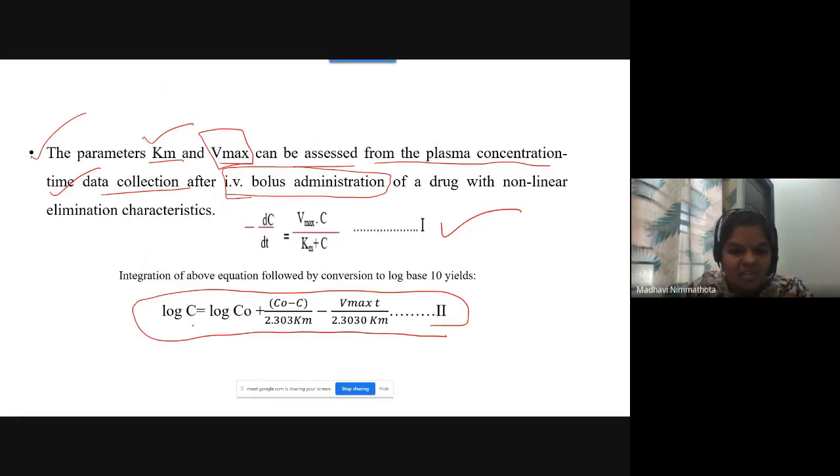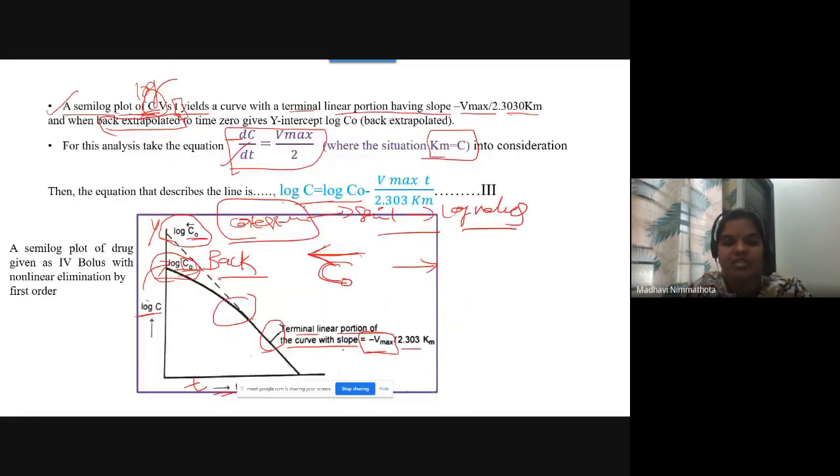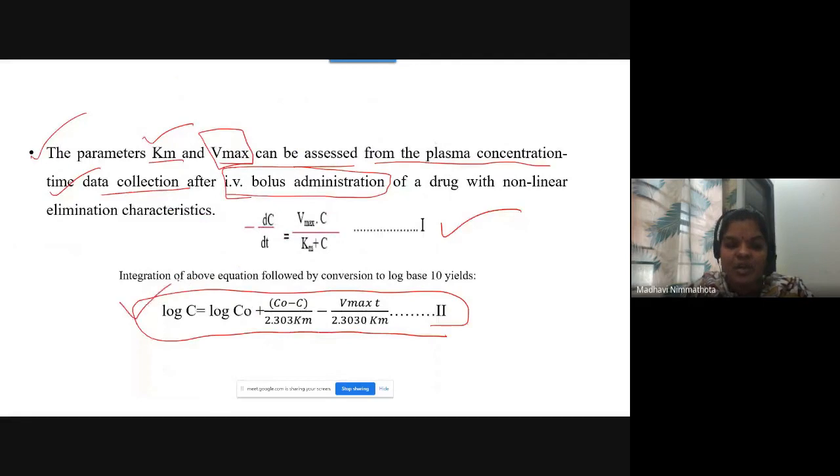First, everyone has to write the second equation, that is log C is equal to log C naught plus (C0 minus C) by 2.303 Km minus Vmax into T by 2.303 Km. Okay, so first you write this equation.